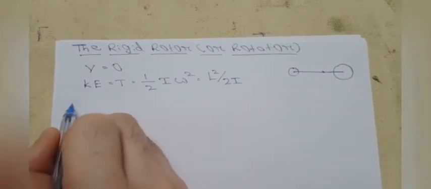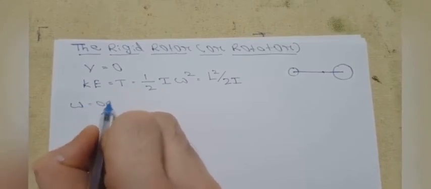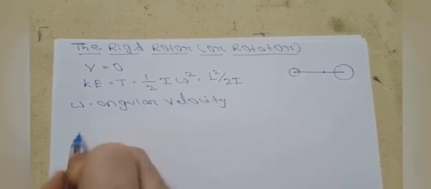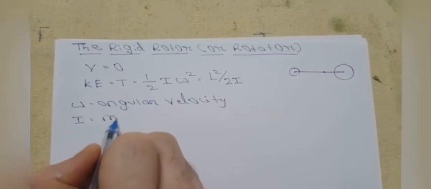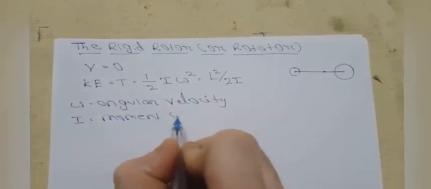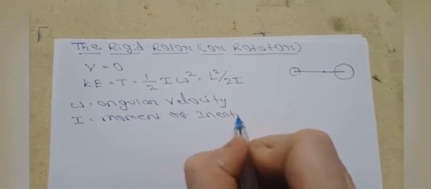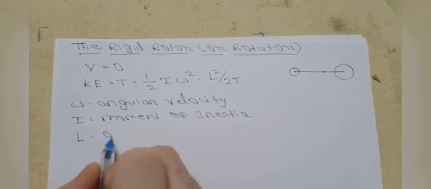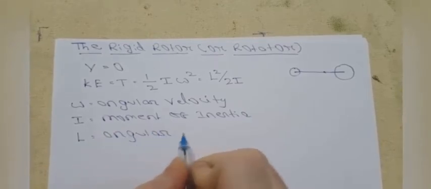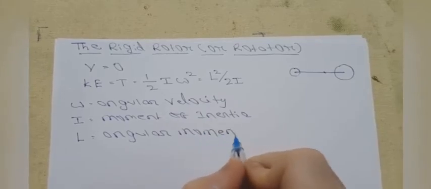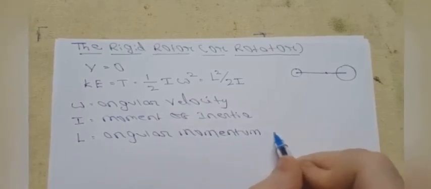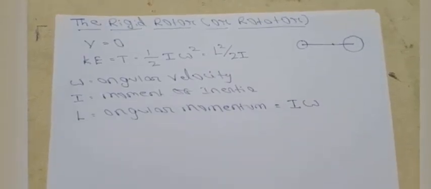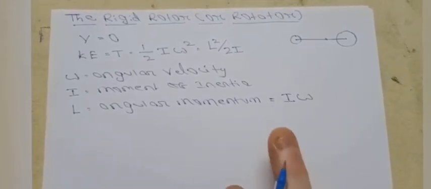Where omega is the angular velocity, I is the moment of inertia of the rotating molecule, and L is the angular momentum, which is equal to I omega. Now since no force is acting on this molecule, the potential energy is 0.